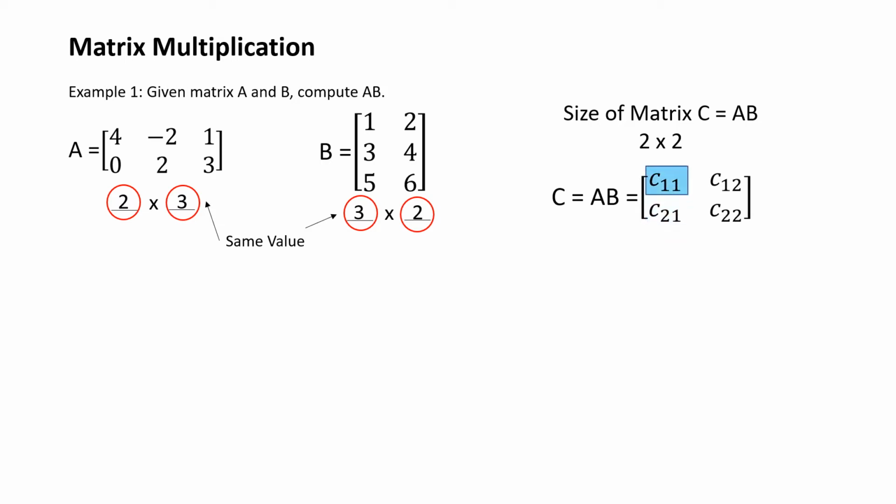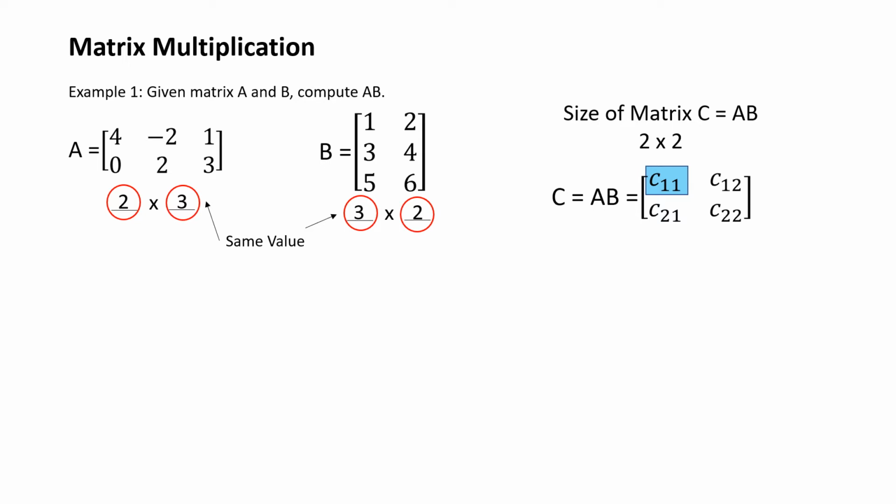Next, the first row of the product, matrix C, is computed by taking the dot product of the first row of matrix A with each of the columns in matrix B. Let's look at the first coefficient.